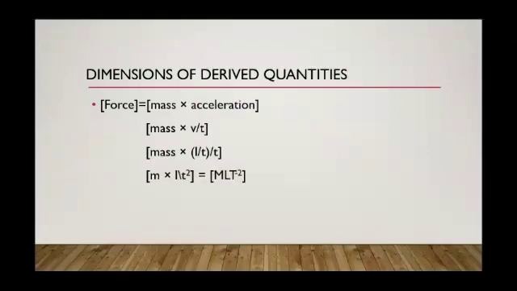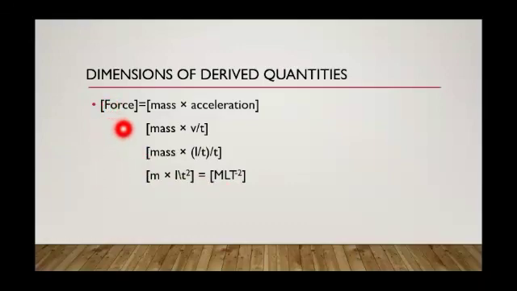So that means mass times length over t squared. We get mass, length, t power negative 2. So that is the dimension of force. When we are expressing force in terms of basic fundamental quantity, we are going to say mass, length, and t power negative 2. So that is a dimension of force.